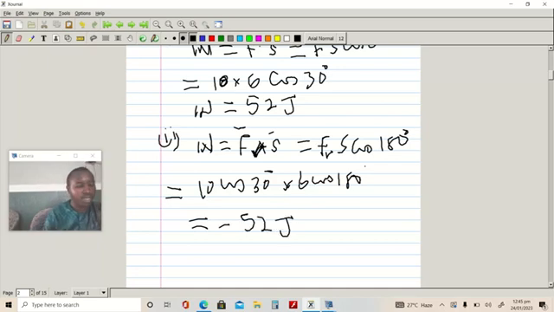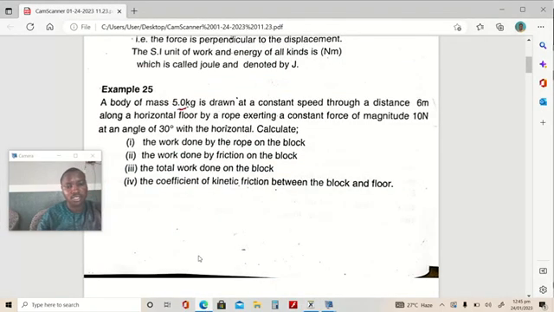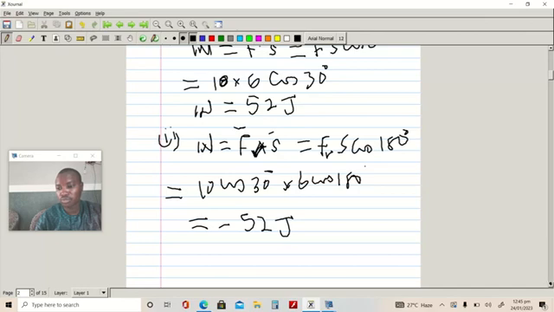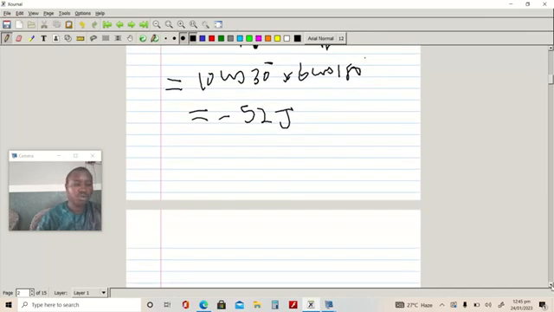That's what we have. Then Roman figure 3 says the total work done on the block. So let's calculate the total work done on the block.